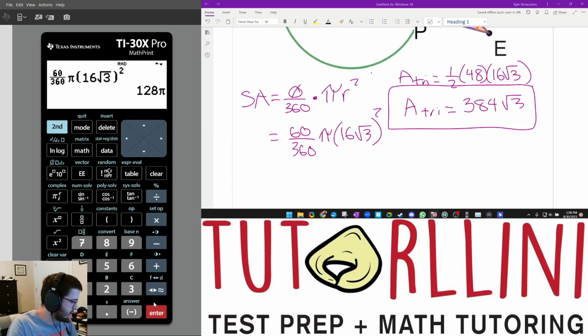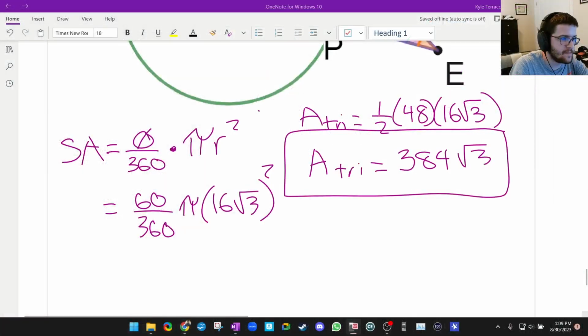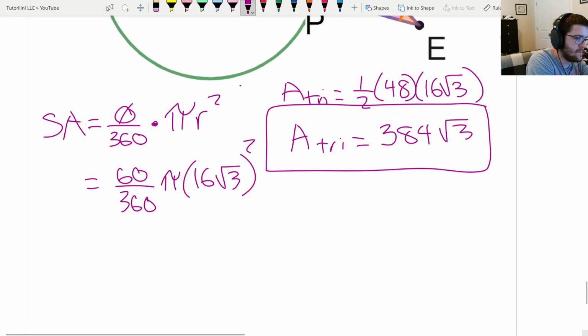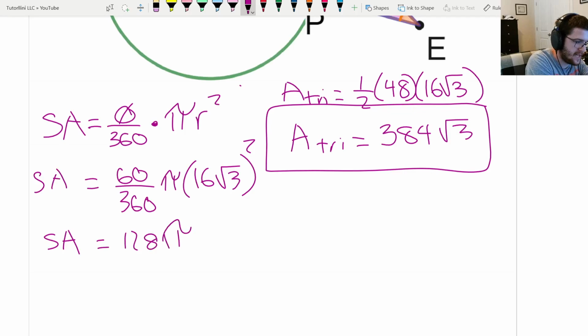Okay, we get 128 pi. Yeah, that seems reasonable. Okay, so that looks good. So 128 pi. Let's come back over here. So the sector area is 128 pi.